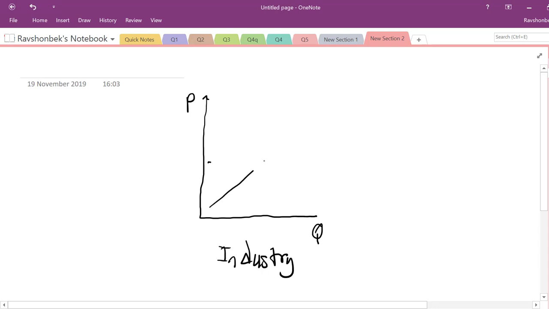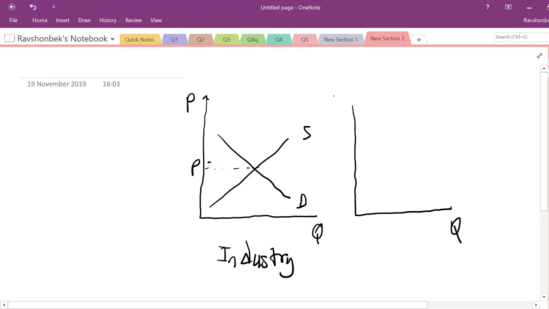In a market, you have demand and supply determining the price at which goods are sold. That's the equilibrium price. For a firm in a perfectly competitive market, price is determined by the market, so they sell at that price. Any amount they can, so that's their demand. At any point, the price remains the same, right?